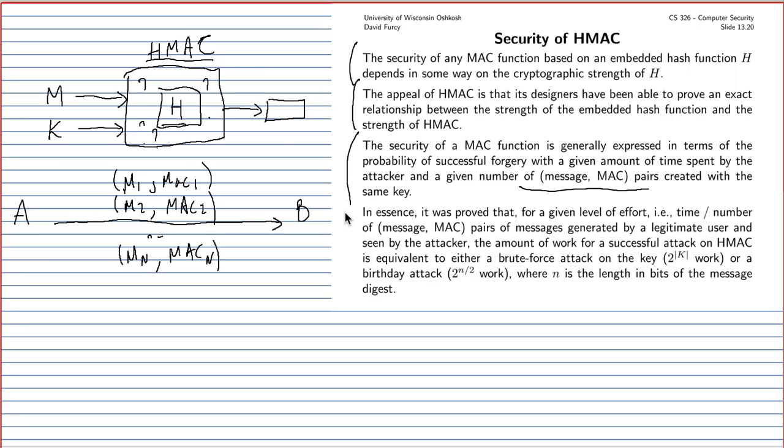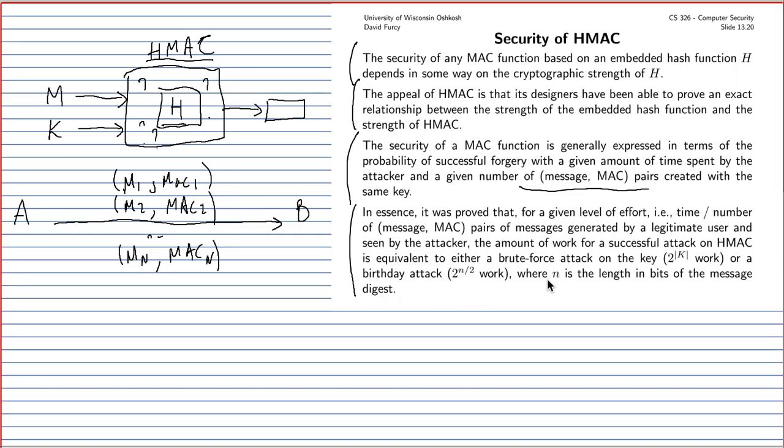So in essence, what the designers of HMAC were able to prove is that the amount of work that an attacker is going to have to perform is going to be either as much as a brute force attack on the key, which would take approximately 2 to the size of the key amount of work, or to do a birthday attack.